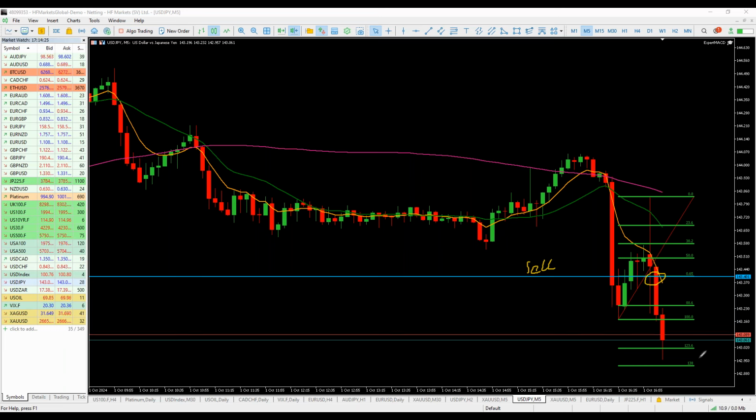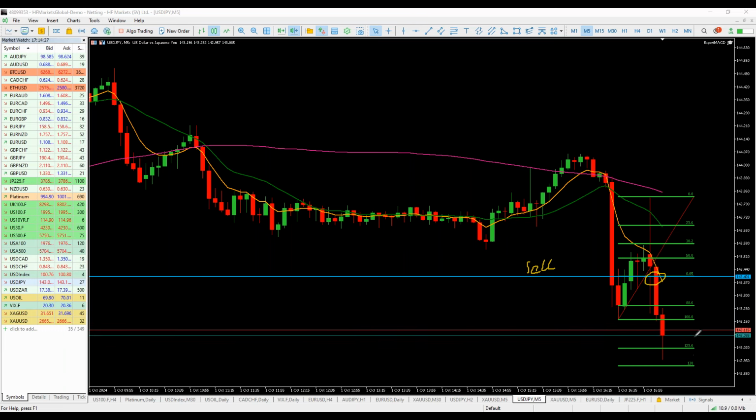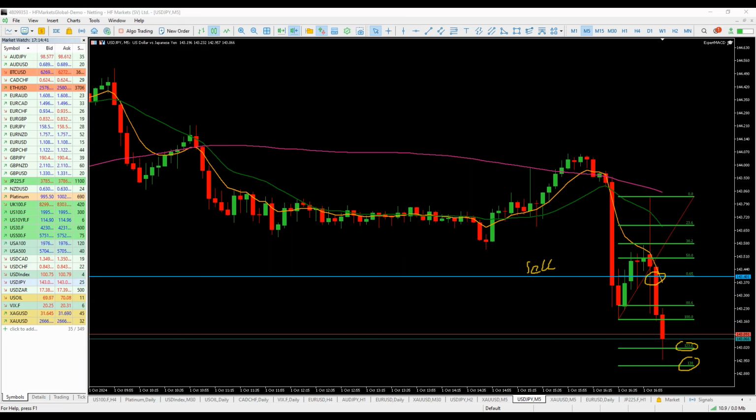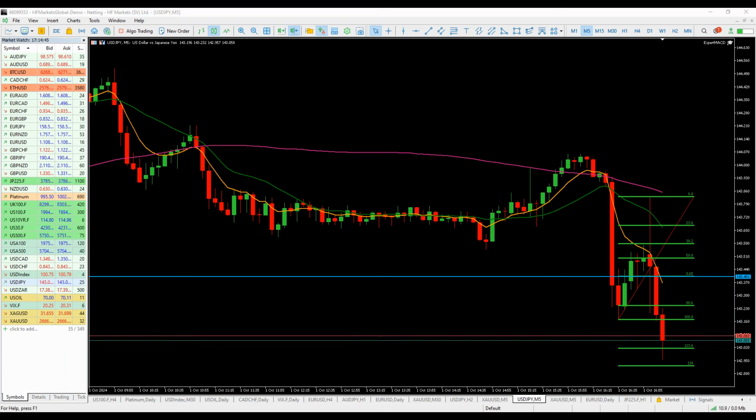A lot of people would have put their take profit either here, in which case it's already hit the take profit. Some people would have put it here. Some people could have put it higher, further away. There are different theories. We'll look at that in a moment. But for this example, let's say we put in our take profit at the 138 level.